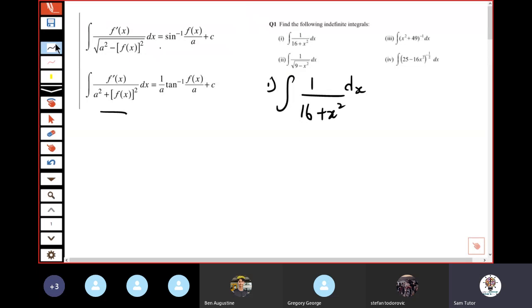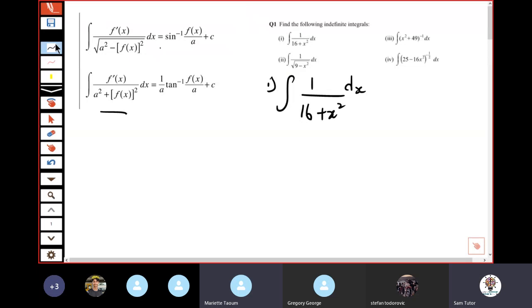Part ii. What's that going to be? That one's definitely an inverse sine. So 1 on square root 9 minus x squared. Do you want to just tell me the answer as well? Would it be an inverse sine?